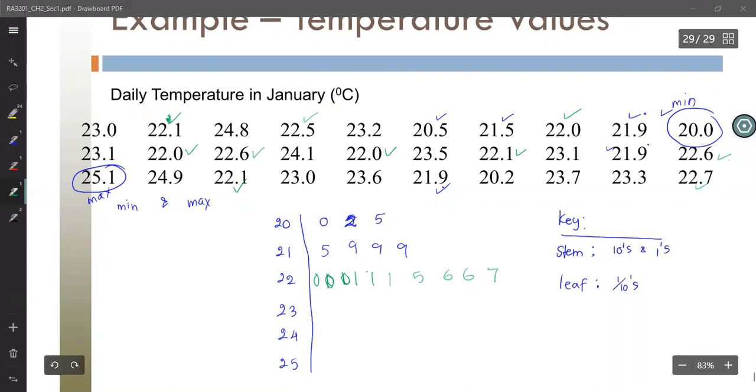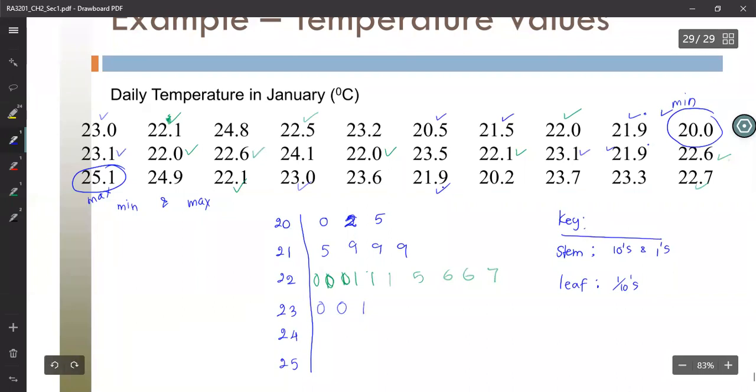So what about 23? 23.0, 23.1. Another 23.0. 23.1.